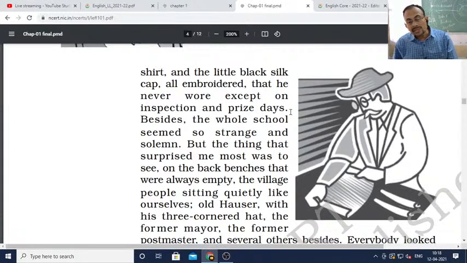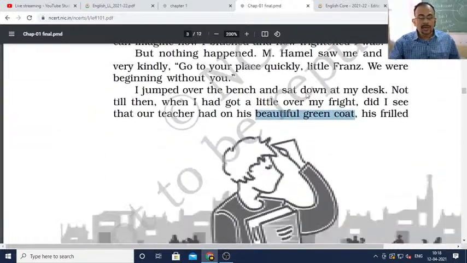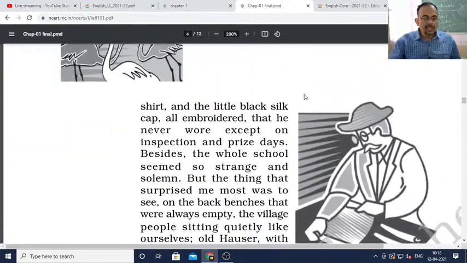He could see something surprising, dear students. His French teacher, M. Hamel, had put on the green coat, his frilled shirt, his designed shirt, and his little black silk cap.